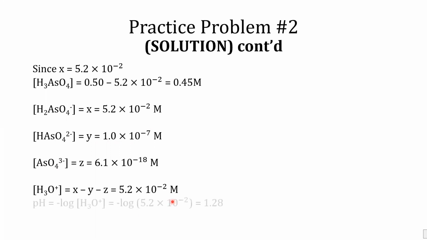The pH of this solution equals the negative log of hydronium ion's concentration, or the negative log of 5.2 times 10 to the minus 2, which equals 1.28.